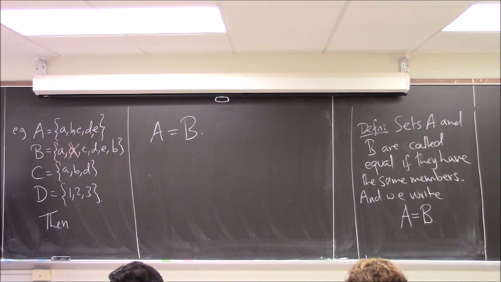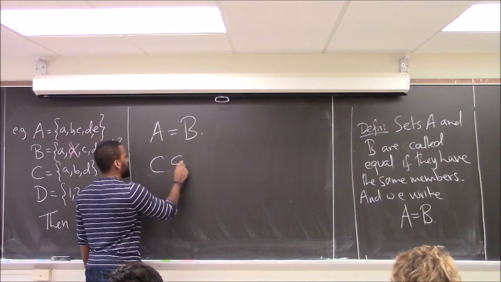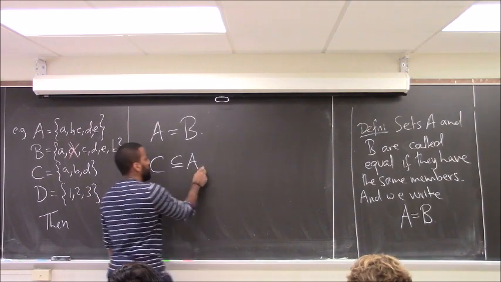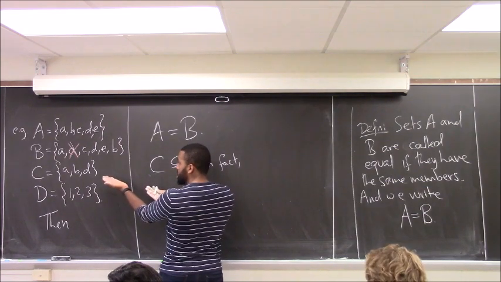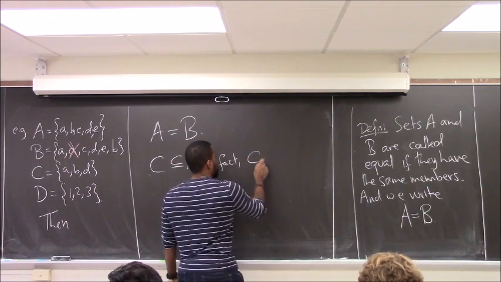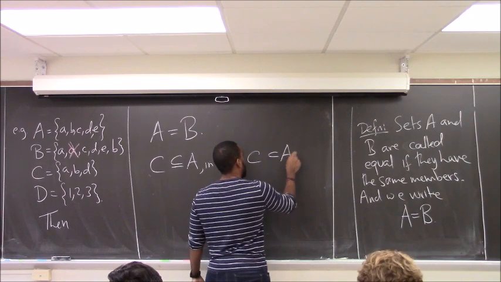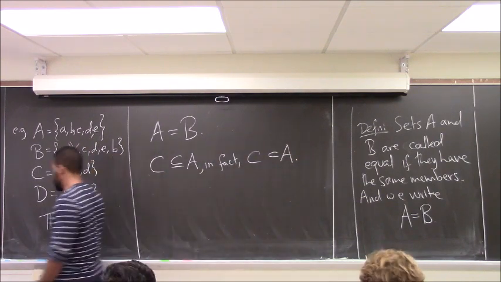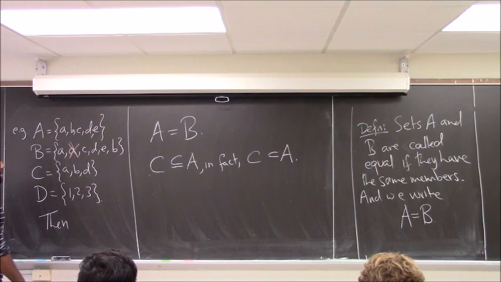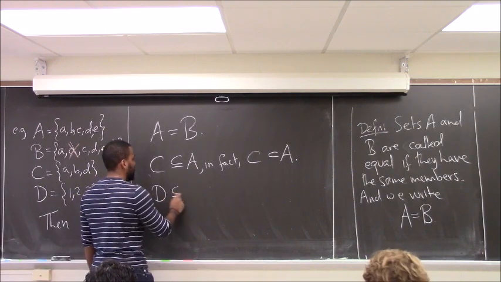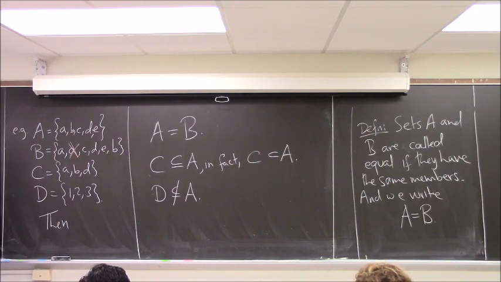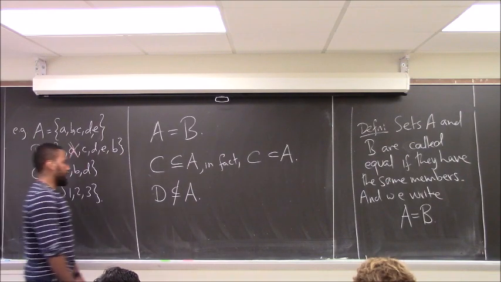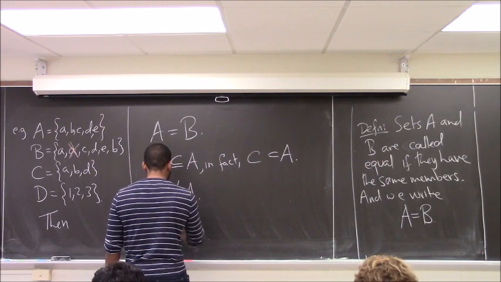Now, what is the relationship between A and C? It turns out you can say C is a subset of A. In fact, in this situation, since we can actually read all the members, I can know for sure that C is a proper subset of A. Either of those statements would be true. I can say that D is not a subset of A. Can I say that A is a subset of C?